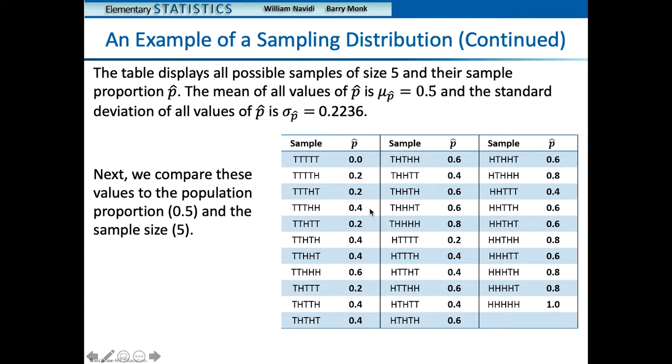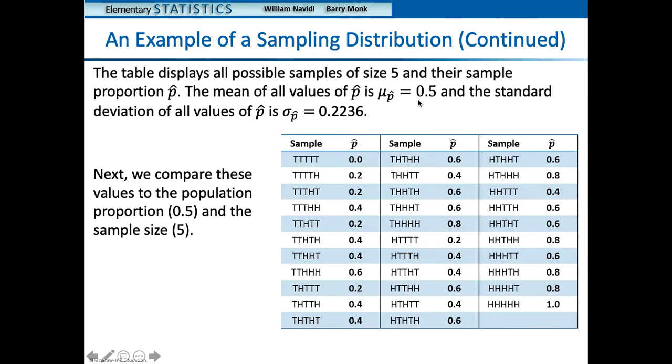This sample has a sample proportion of 0.4 because there are 2 heads out of 5 coin tosses. 2 divided by 5 is 0.4, and so on. So we've got 32 samples and 32 sample proportions. Now, what happens if we compute the mean of this random variable? The mean would be found by taking all 32 sample proportions, adding them up, and dividing by 32.